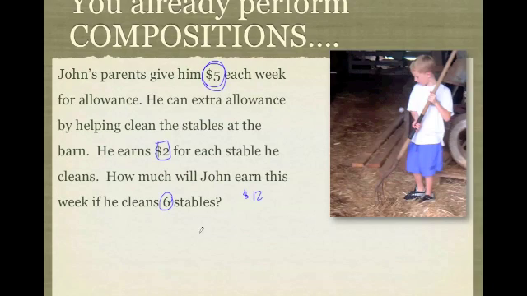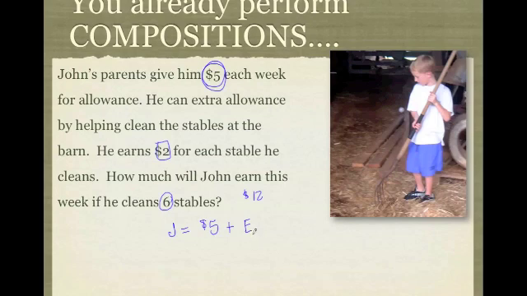Well, here's what you're doing. You're saying that you have this function of what is John's allowance? We're going to call that J. So John's allowance is $5 plus his extra earnings. I'm just going to call that E for his extra earnings.